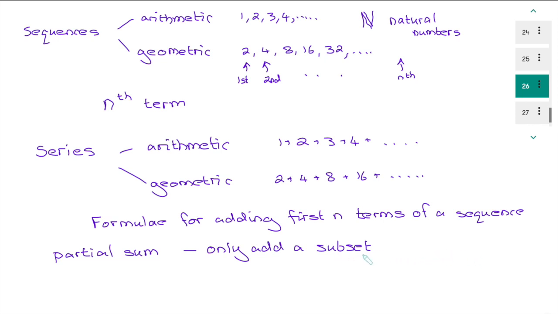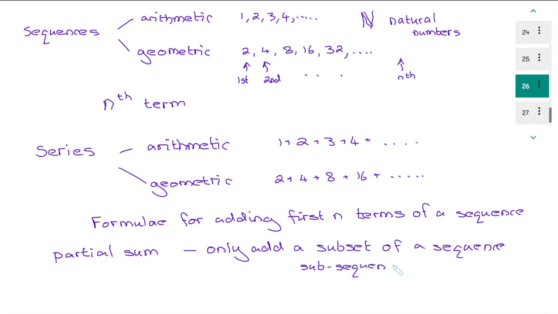They must be next to each other. You can't say add every third one, and it could be called a partial sum. Add a subset of a sequence. Maybe it's not a subset, it's a subsequence. There we go. I like that better. A subsequence. So part of a sequence.